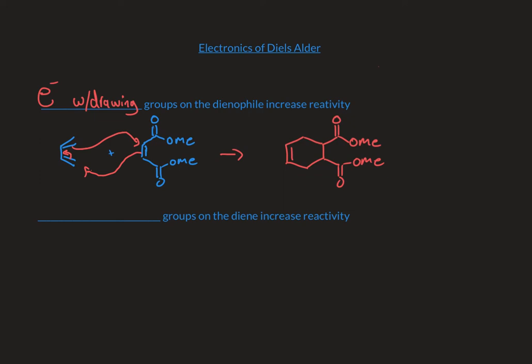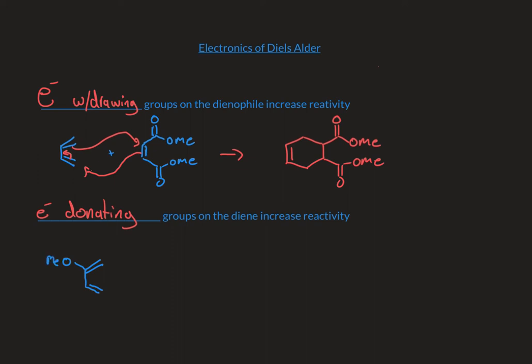If we consider the diene, electron donating groups increase its reactivity. And so if we take a look at this diene, I'm going to stick a methoxy group on here.